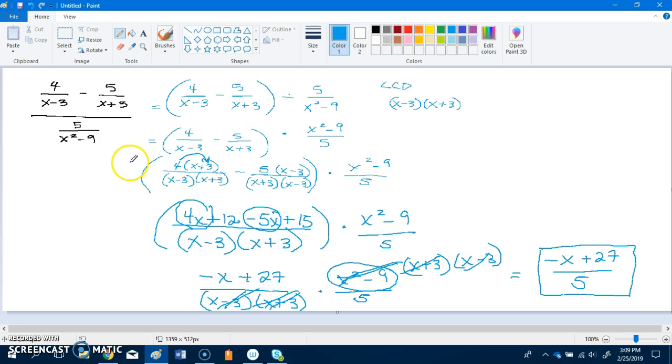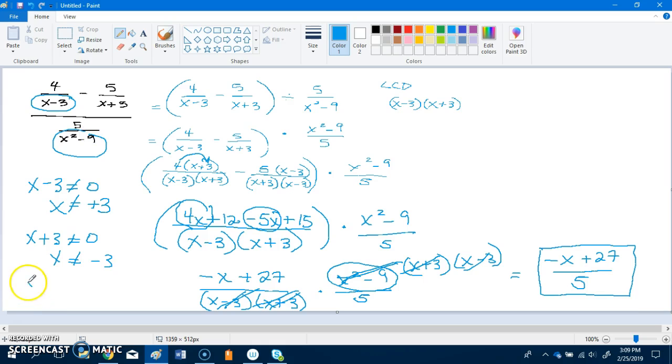Lastly, they want to know what numbers to exclude in the answer. To do that, you take all of your denominators and set them to 0, because if the denominator is 0, then you're not going to be able to find an answer. So x minus 3 can't equal 0, which means x cannot equal positive 3. Then x plus 3 can't equal 0, so x can't equal negative 3.